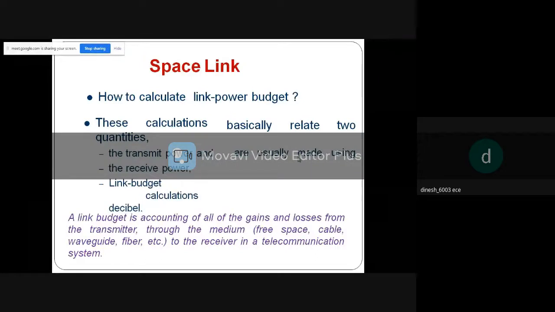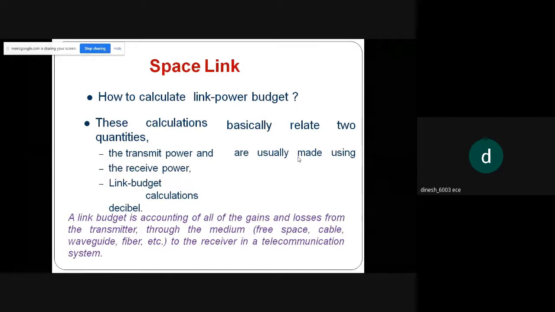The channel is your medium, which could be free space, a cable, a waveguide, optical fiber, or a conductor, whatever we use as the channel. So a channel connects your transmitter and receiver. All the gains and losses accounted for are called the link budget.